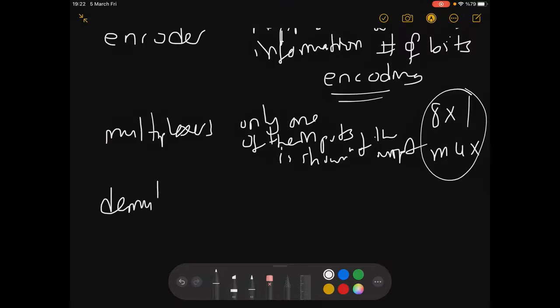We just saw this as a decoder with enable, right? In fact, only one input is shown at the single output. I mean, you have only one input here, single one, but it can come from here or here or here or here. That's it.